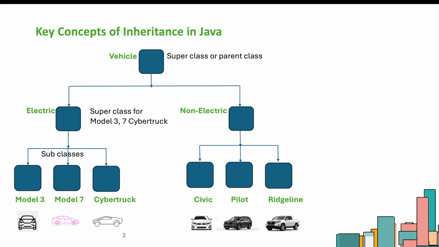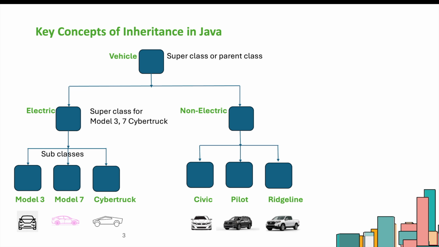And Electric can also be a superclass for three subclasses, which are Model 3, Model 7, Cybertruck. And Non-electric can be a subclass of the superclass Vehicle and a superclass for Civic, Pilot, Ridgeline.